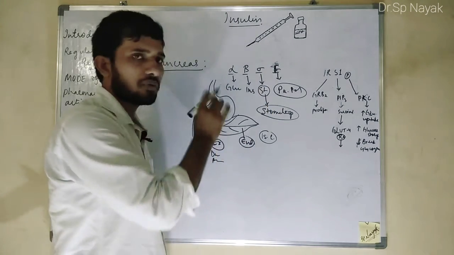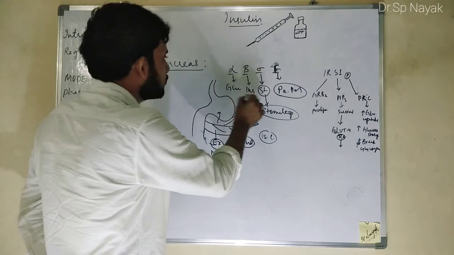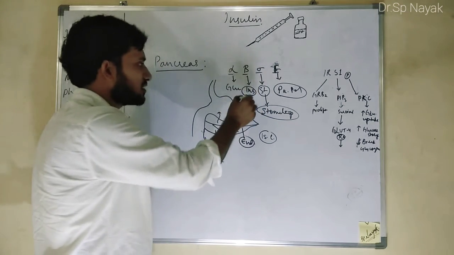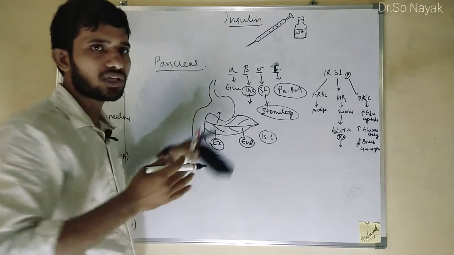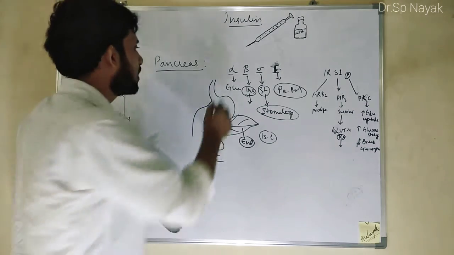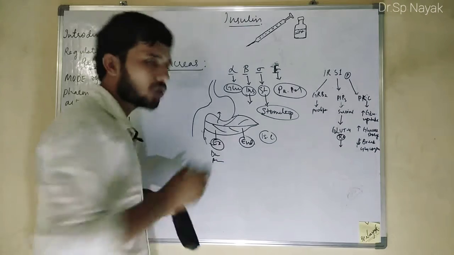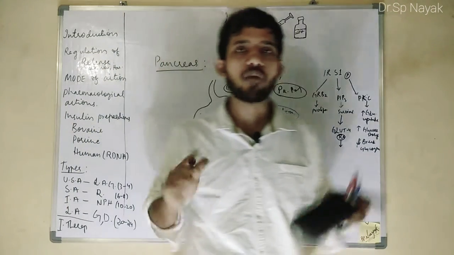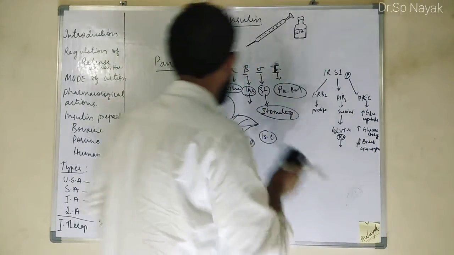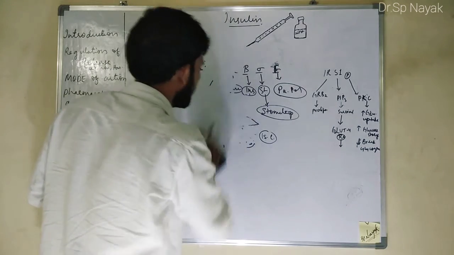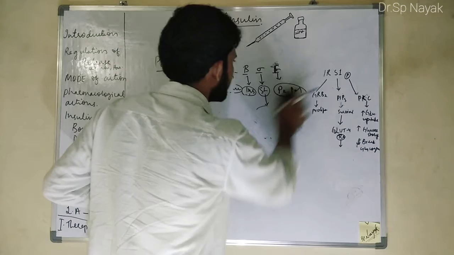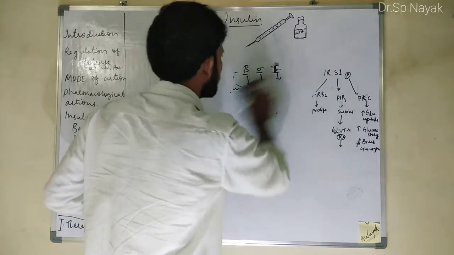So you have to remember this point. Insulin is synthesized from beta cells, which has major functions. Anyways, we will be covering insulin in the further classes. And alpha cells synthesize glucagon, which has opposite actions of insulin. So this is about the different cells in the pancreas, and what they synthesize and their roles.